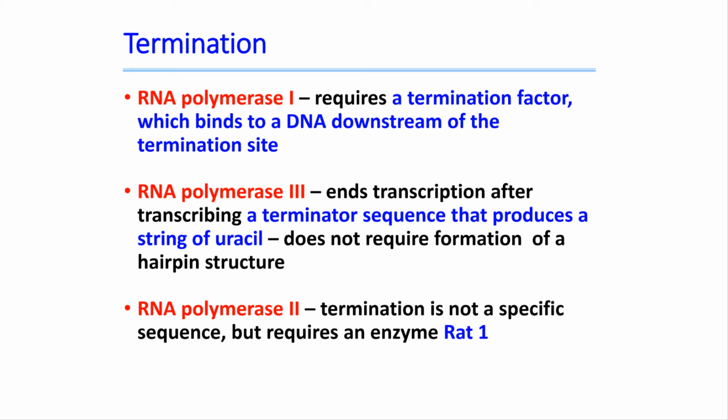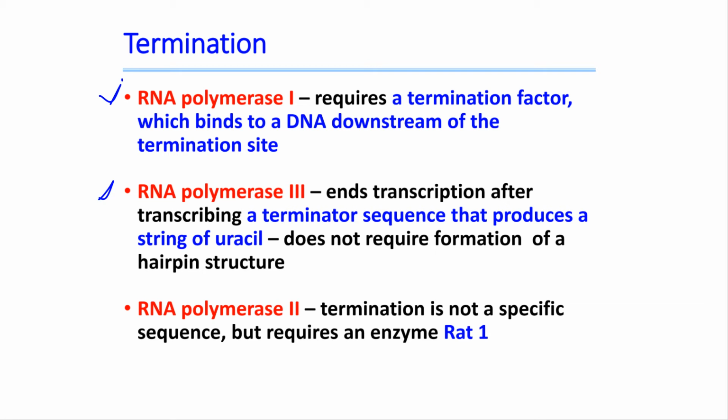RNA polymerase I requires a termination factor which is similar to the Rho protein in bacteria. However, it does not bind to RNA as in bacteria; it binds to DNA downstream of the termination site. RNA polymerase III ends transcription after transcribing a terminator sequence that produces a string of uracil.